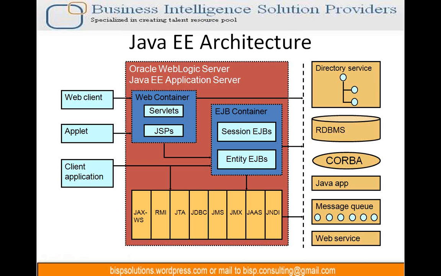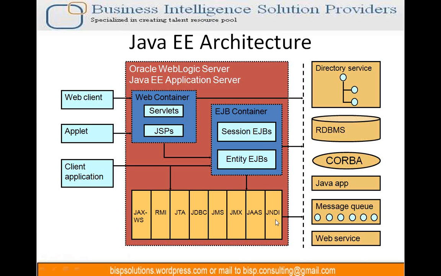The web container serves the request and the response based on the client request with servlets and JSP, and any enterprise applications built on EJBs would be served by the EJB container. These two containers interact with various services. If you see in the middle tier, the lower level of the screen, you would see various services that are part of the support with Java EE.